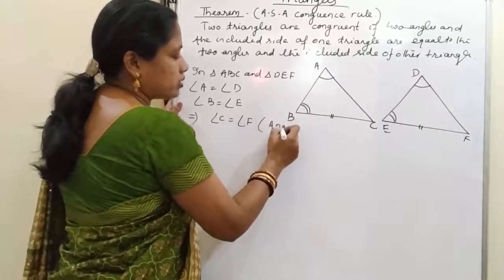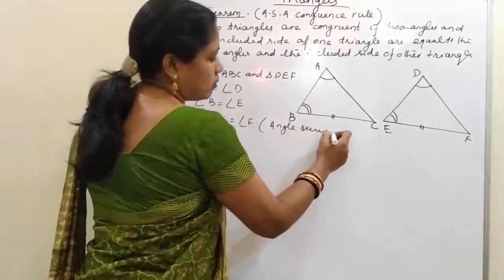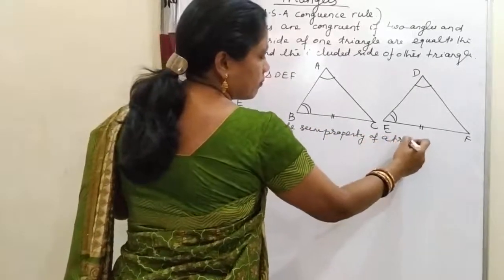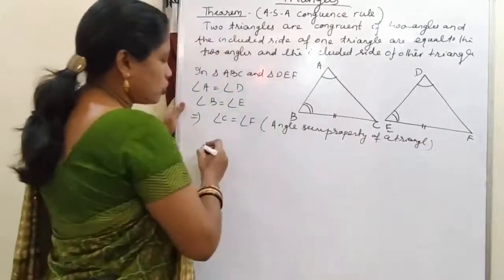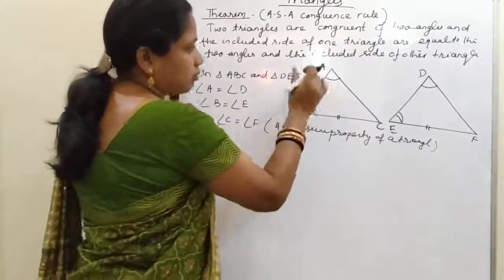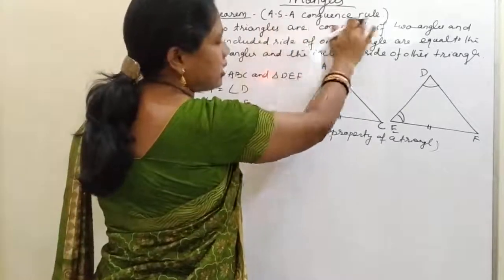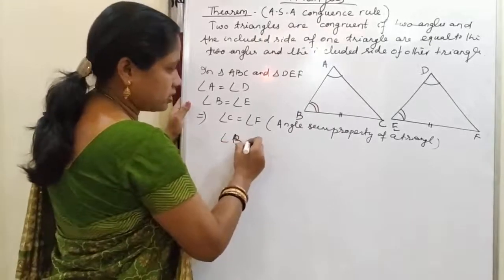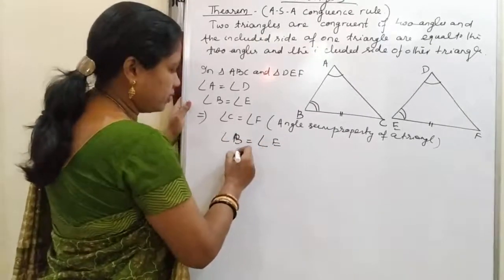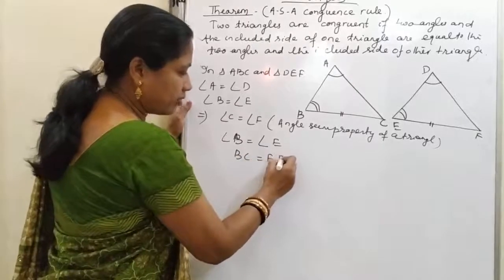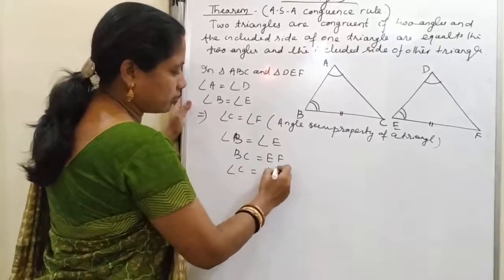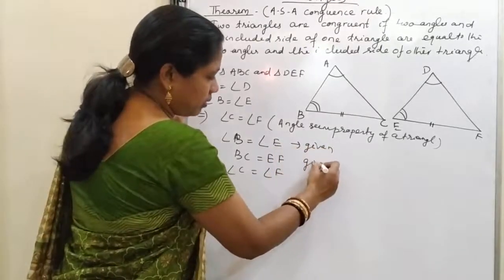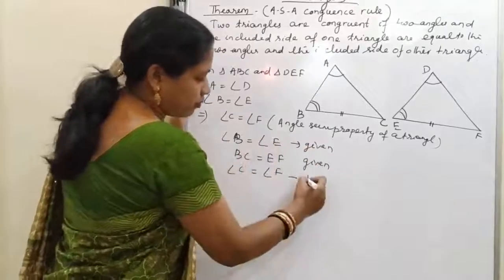So in triangle ABC and triangle DEF, angle A is equal to angle D, angle B is equal to angle E, and this implies angle C is equal to angle F, due to the angle sum property of a triangle. So here we came to the ASA congruence rule because angle B is equal to angle E, then BC is equal to EF, and angle C is equal to angle F. This is given, this is also given, and this is by our proof.